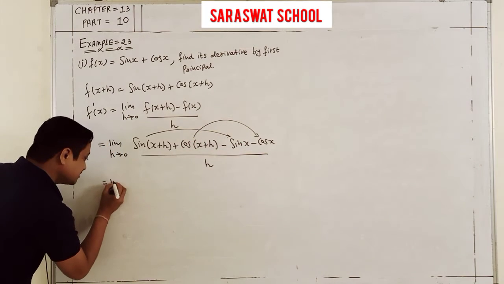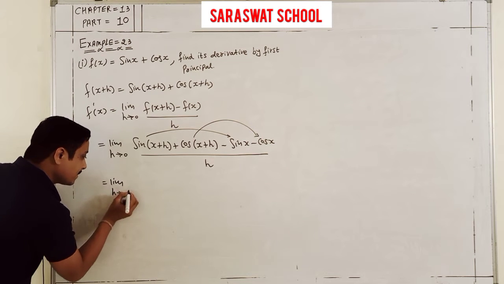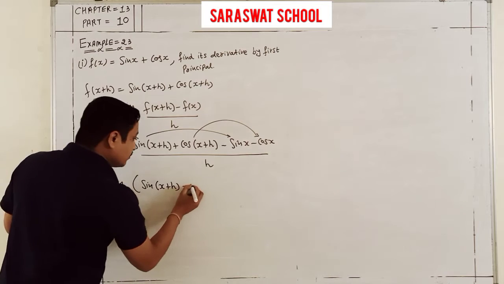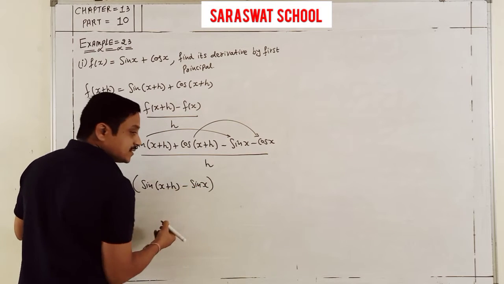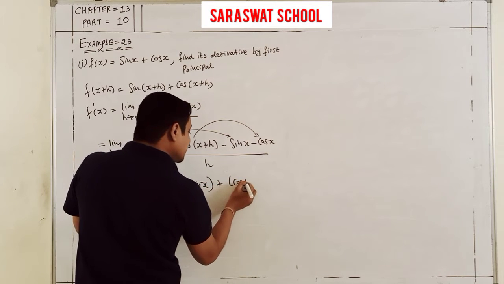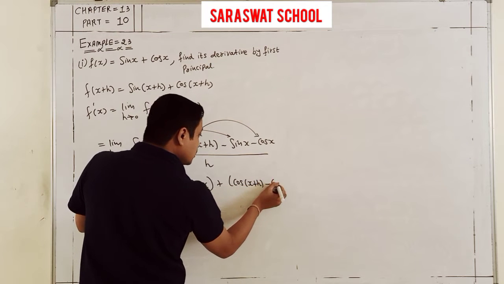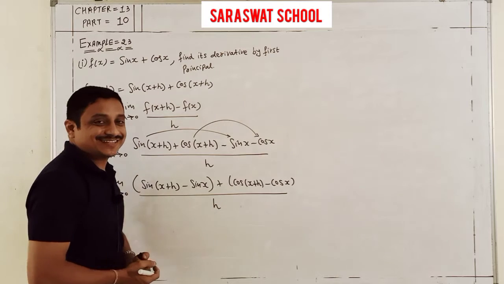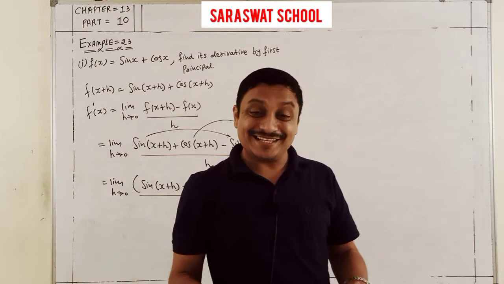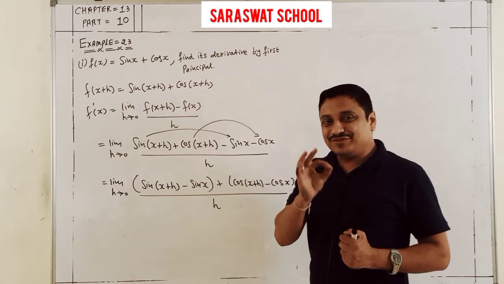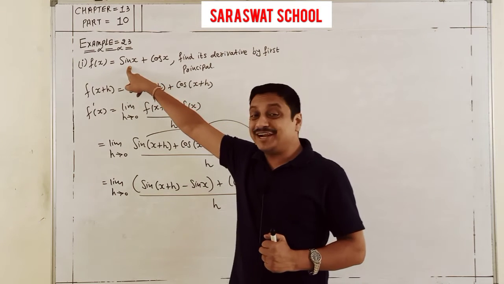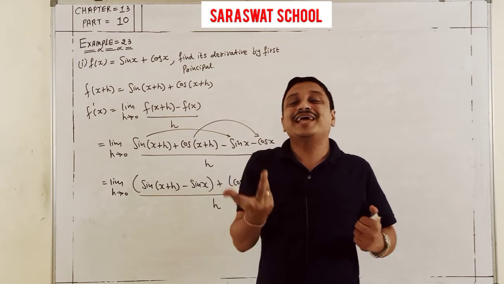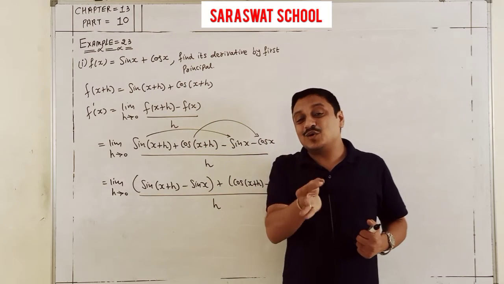So limit h tends to 0, in the first part sin of x plus h minus sin x, and the same for cos of x plus h minus cos x, upon h as usual. Now you know the formulas for sin minus sin and cos minus cos. Students, if you operate directly on this, the derivative of sin is cos and the derivative of cos is minus sin. So your answer is cos x minus sin x.